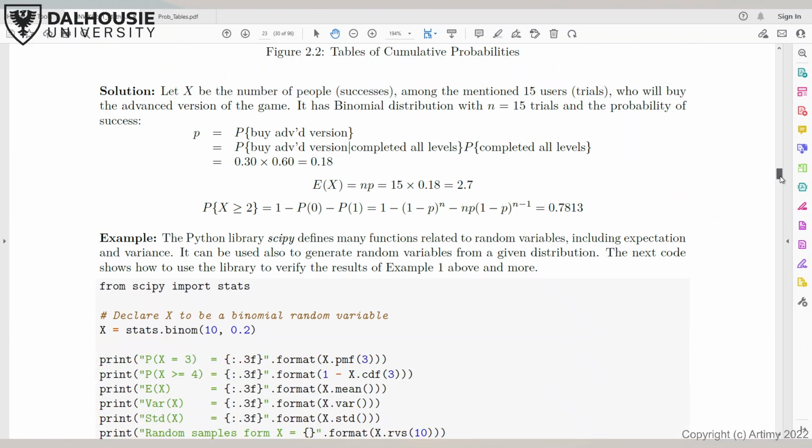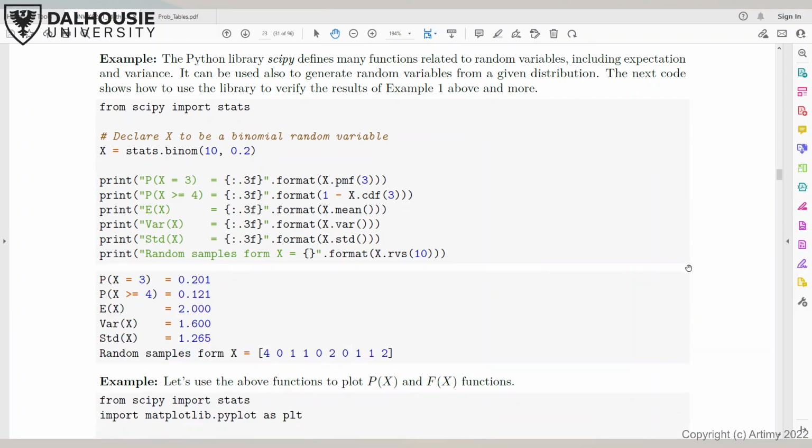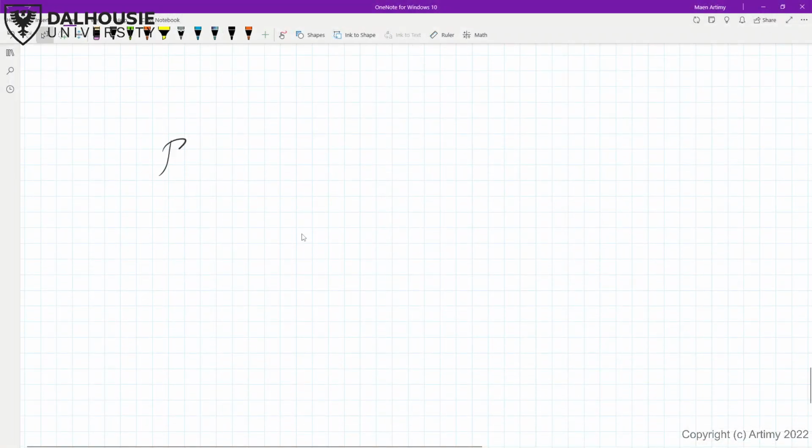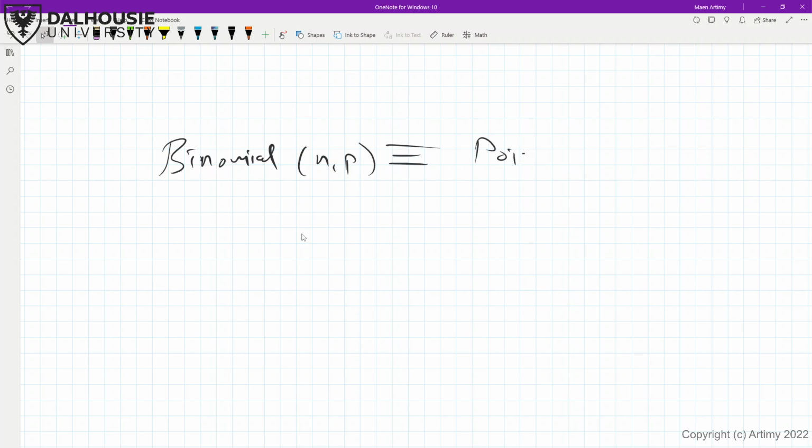So in any problem that requires solving using binomial with n and p, I can approximate it by using Poisson with mu equal np.